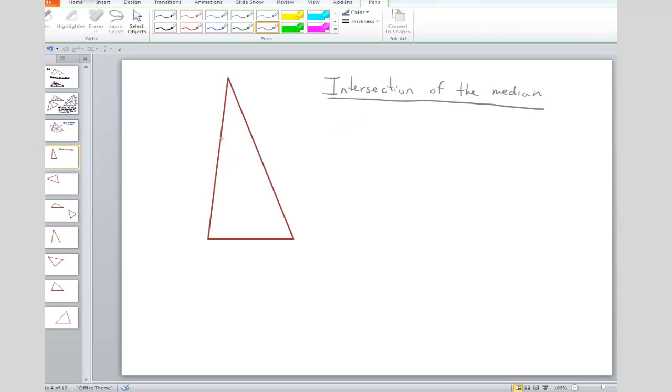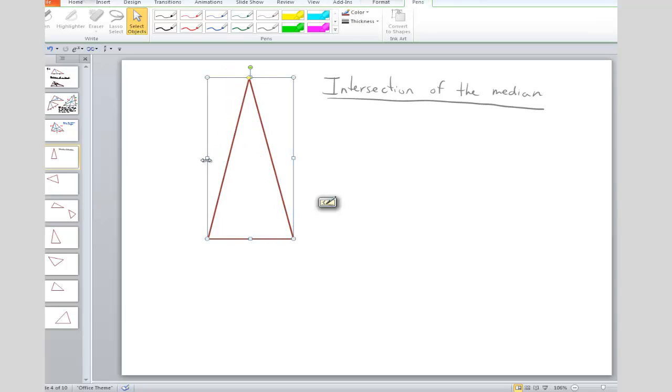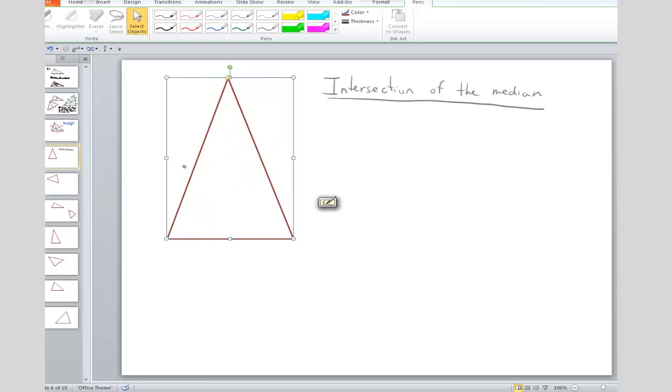We have our triangle here. Let me just adjust a little. There we go. And I'm going to make mine pretty lovely. Thank you very much if you like it. And let's go ahead and mark the medians of it.